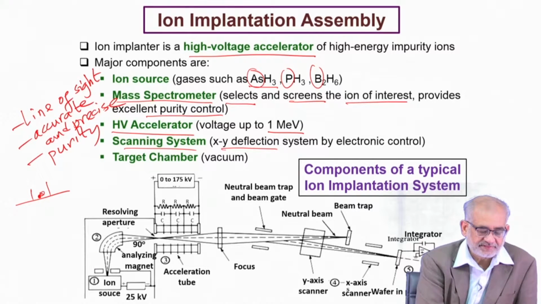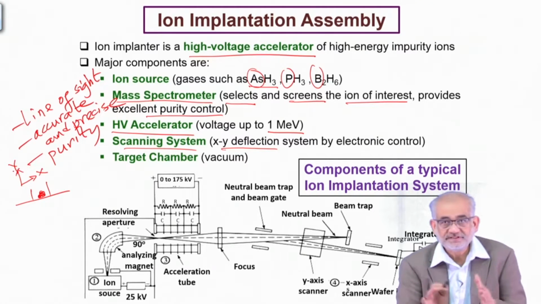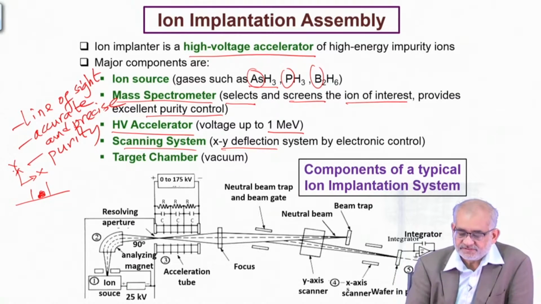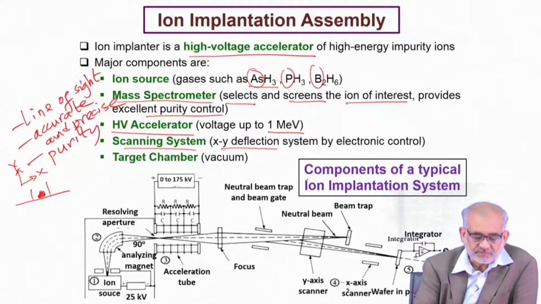To maintain this very high precision, you need certain deflection or adjustment of the path of flight, either along the X direction or along the Z direction. So you need deflectors to do that. We'll see that soon. The overall implantation system will have certain essential components.